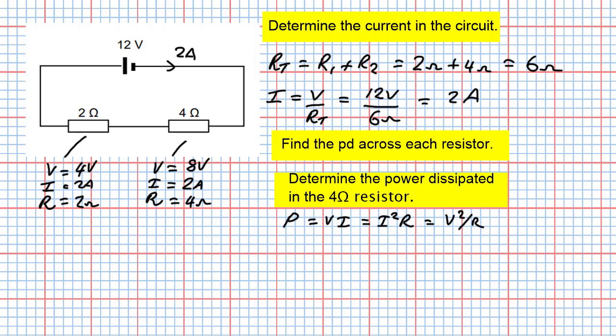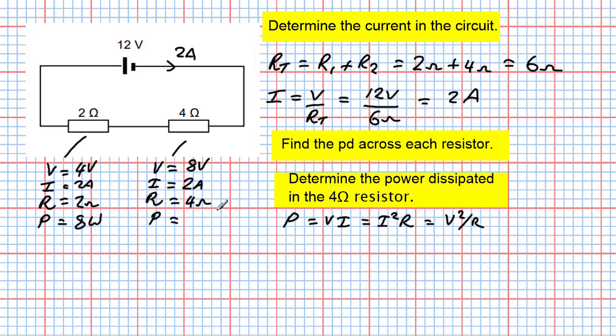So really we can choose any one of those. If we put our next variable down here, we could put down power. We'll stick to the simple one, P equals VI. So the power dissipated or lost in this 2 ohm resistor is V times I, which is 8, and the unit for power is the watt.